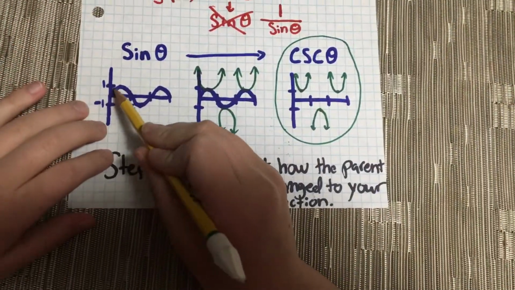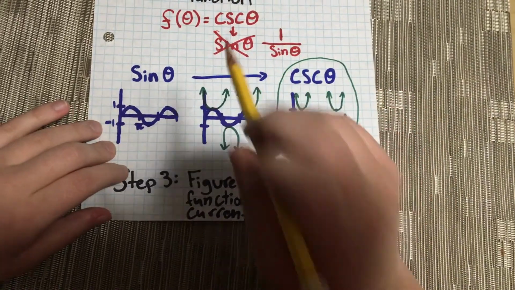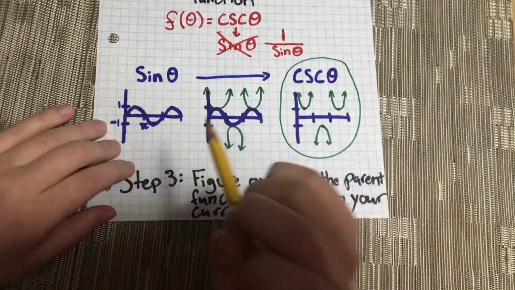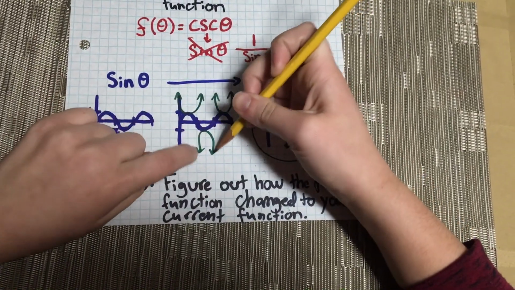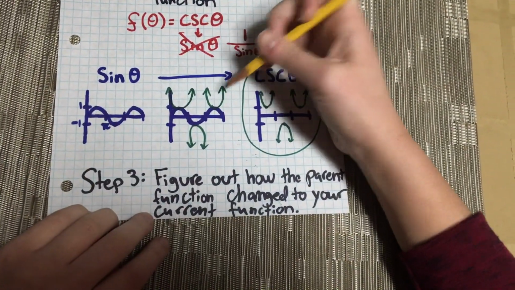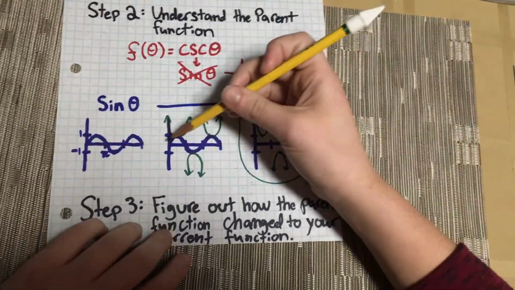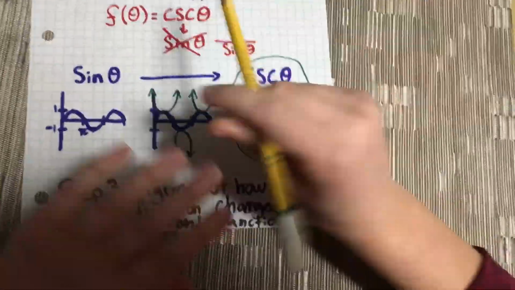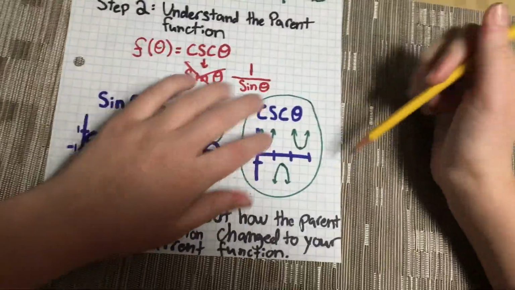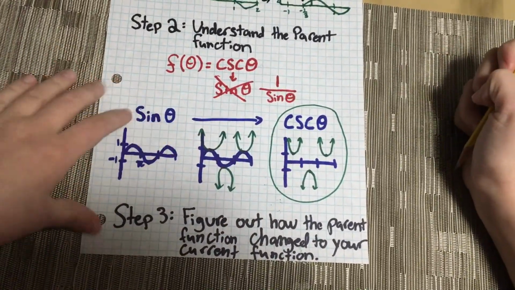Let's say this is our original sine function. To figure out where our cosecant function is, we draw these little arrows. It's like a parabola on top of our wave here. Then we take away the sine graph, and we're just left with the cosecant function.